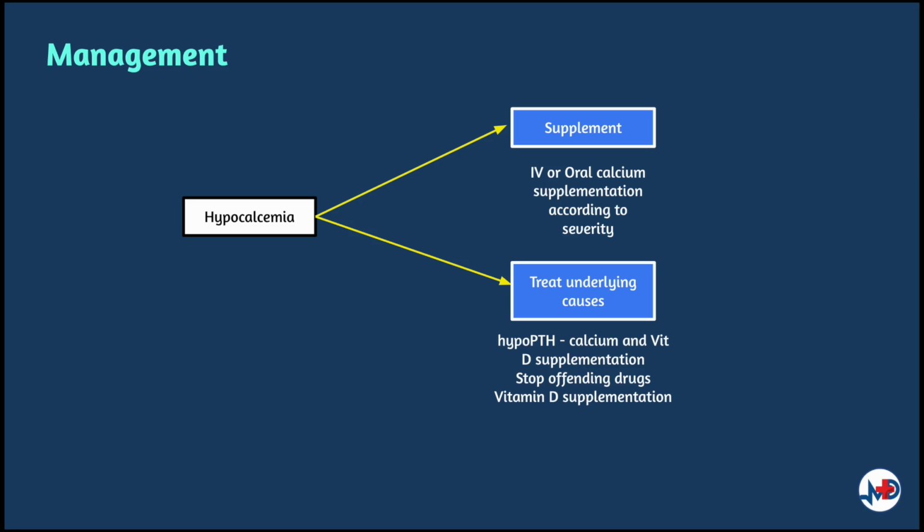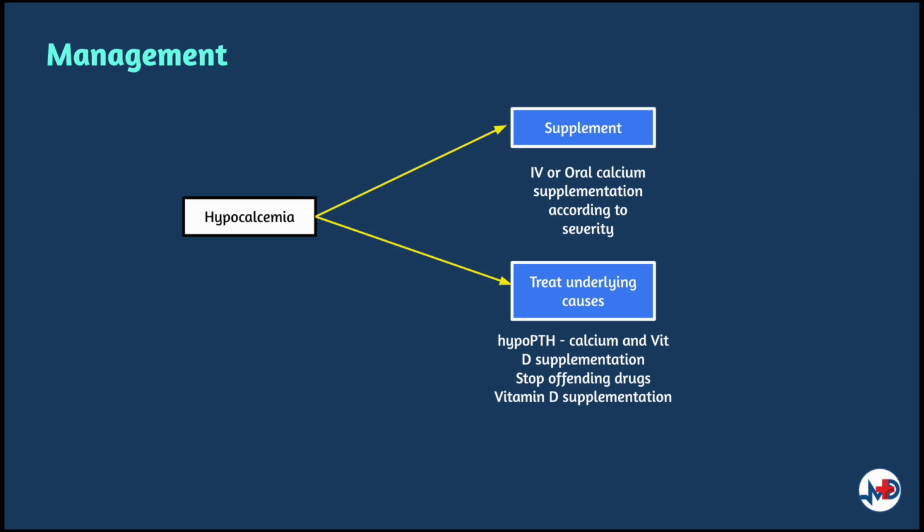As for mild or chronic hypocalcemia, which is asymptomatic or has only mild neuromuscular irritability and serum calcium levels of 1.9 to 2.12 millimoles per liter, provide oral calcium supplementation such as calcium citrate or calcium carbonate, and that will be adequate. Then, once supplement is given, identify and treat the underlying cause to prevent recurrence.